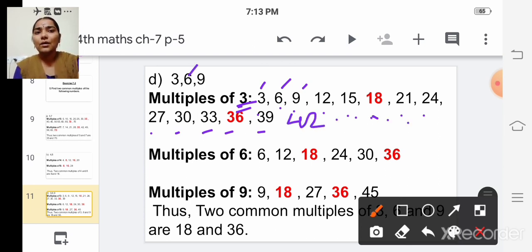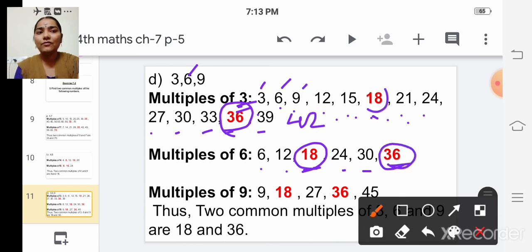So now multiples of 6: 6, 12, 18, 24, 30, 36. So we get two common multiples of 3 and 6. So we can stop here finding multiples of 6.